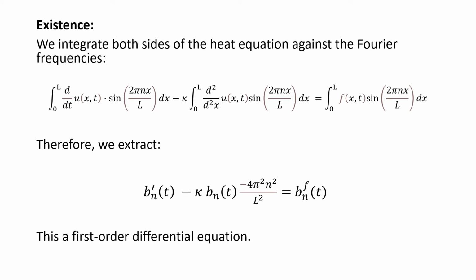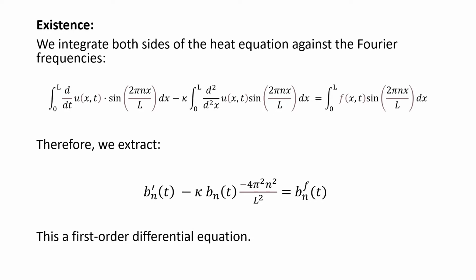We have the integral from 0 to L of the first time derivative of u(x,t) times sine of 2 pi n x over L dx, minus kappa times the integral from 0 to L of the second x derivative of u(x,t) times sine 2 pi n x over L dx, and that equals the integral from 0 to L of f(x,t) times sine 2 pi n x over L dx.